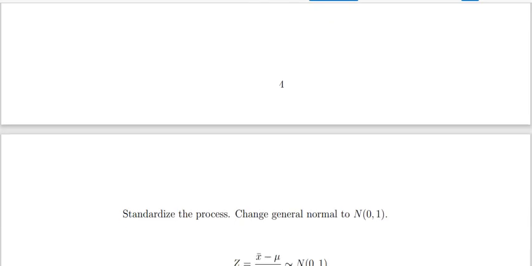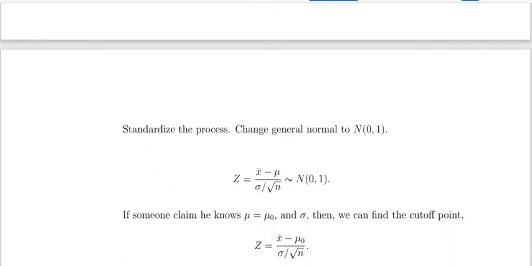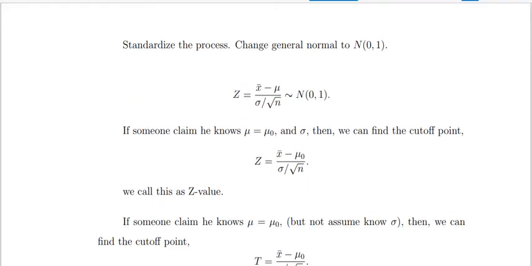Okay, so now, at the first we said for a general normal, we want to convert to standard normal. From the standard normal, we can find the p-value.